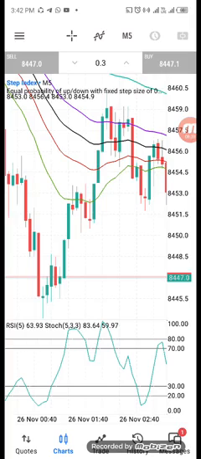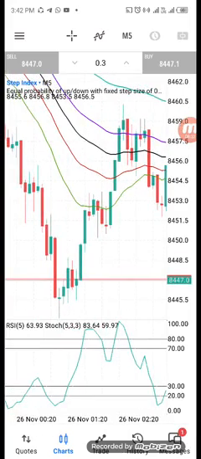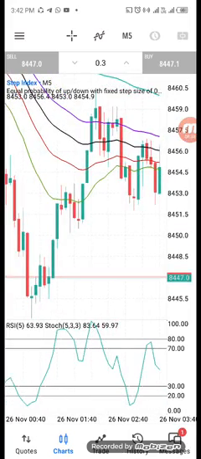But one thing I want you to note is the price that is moving. This black line is our EMA 50, which I informed you earlier is our main focus. So price must range from below up to this level.